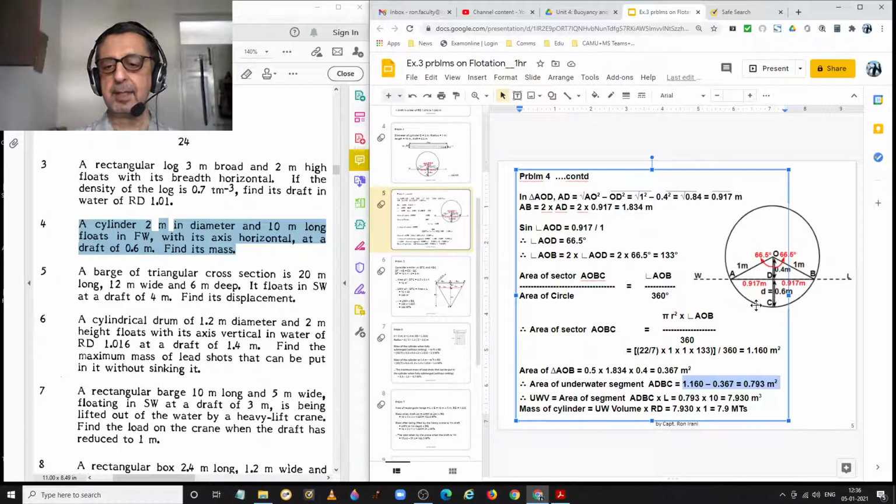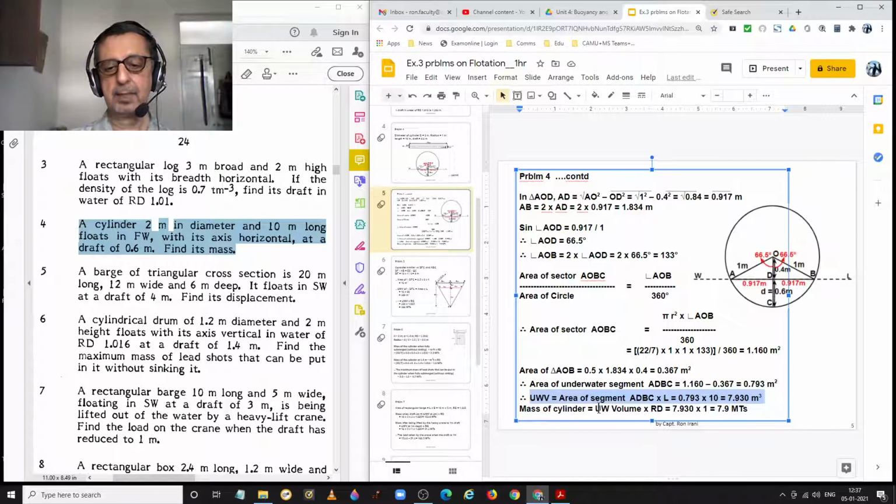Now the area of this segment multiplied by the length will give us the volume, and that volume is the underwater volume. Thus the underwater volume is equal to the area of segment ADBC multiplied by length. Area being 0.793 as calculated above, length being 10 meters as given in the problem itself, we get the underwater volume equal to 7.930 cubic meters.